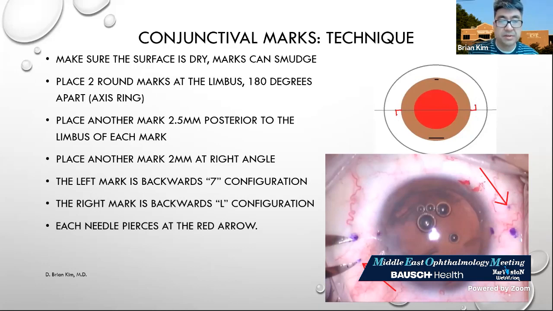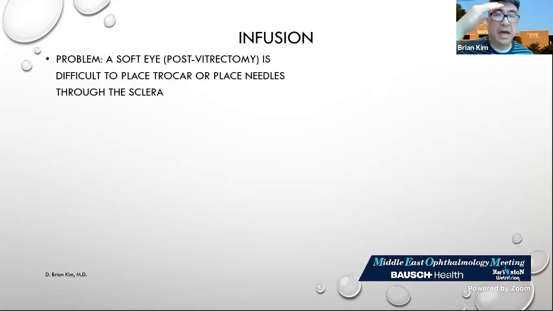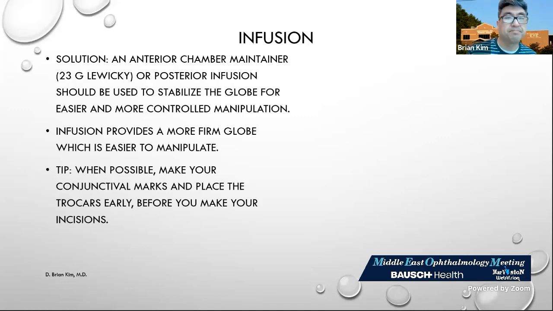Yes, thank you. So as has been discussed earlier, trying to make incisions and placing trocars in a soft eye is very difficult. So you want to do the more difficult steps, placing the trocar and tunneling your sclera, before you make all of those incisions, because doing that is going to be difficult in a soft eye.